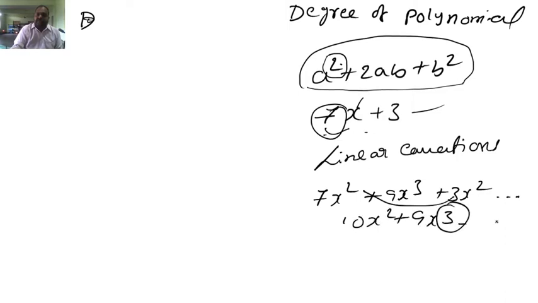Here degree is 3, the highest exponent value is 3. It is not a quadratic equation, it is just a polynomial because whose powers are positive integers. So quadratic equation means whose degree must be 2. Okay.